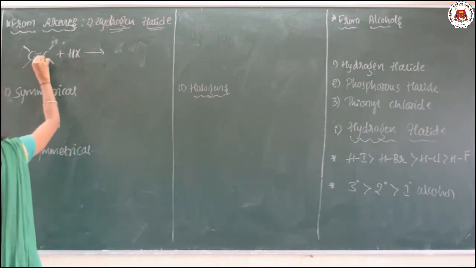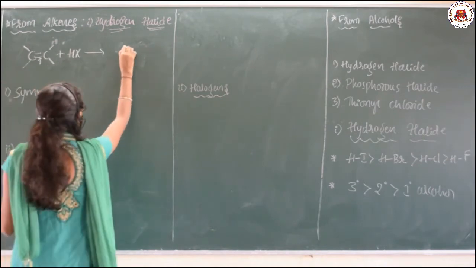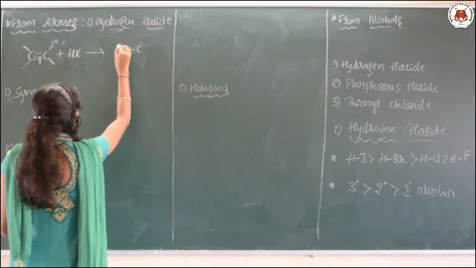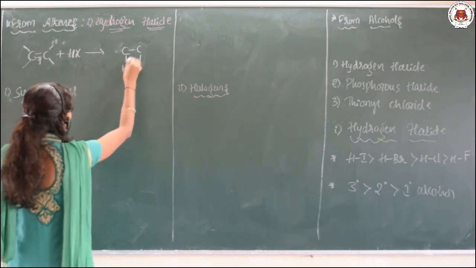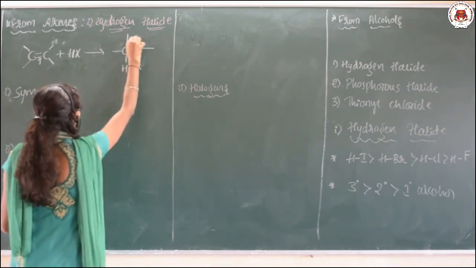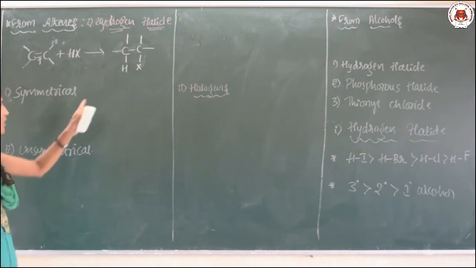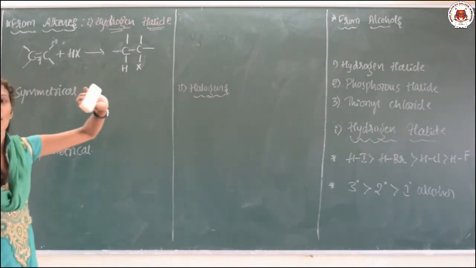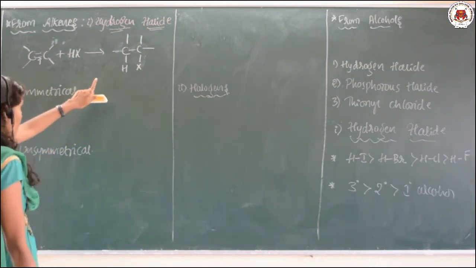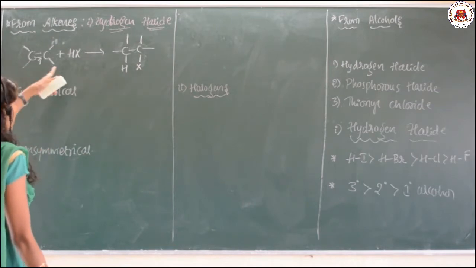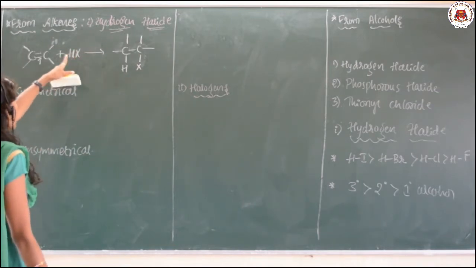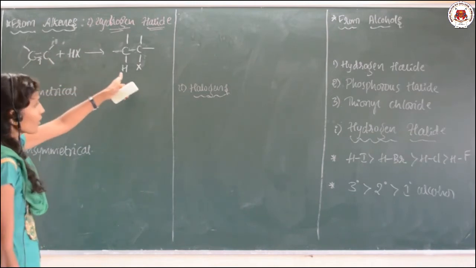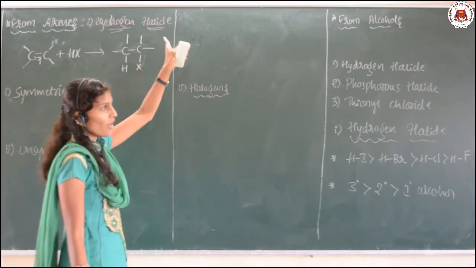One of the bonds breaks and a single bond is formed. One H is attached here, and X is attached to the other carbon. There is a formation of the haloalkane. Okay. So, this is how the addition of hydrogen halide is made to the alkene in order to get the haloalkane.